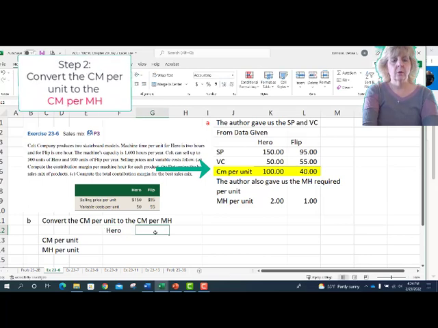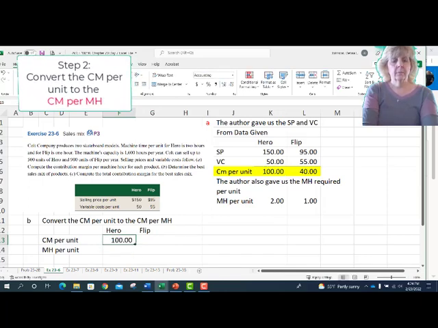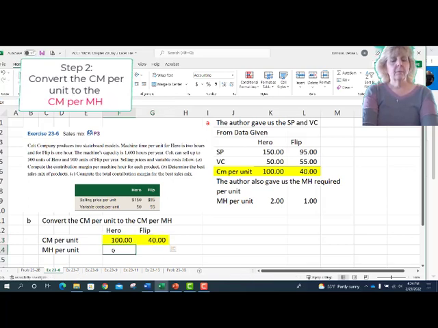We have Hero here and Flip. I'm going to go grab the contribution margin per unit that we computed earlier. I'll put some color on there to show you where it came from. And then we want to divide by how many machine hours per unit each one takes. Okay, the author told us what that was.